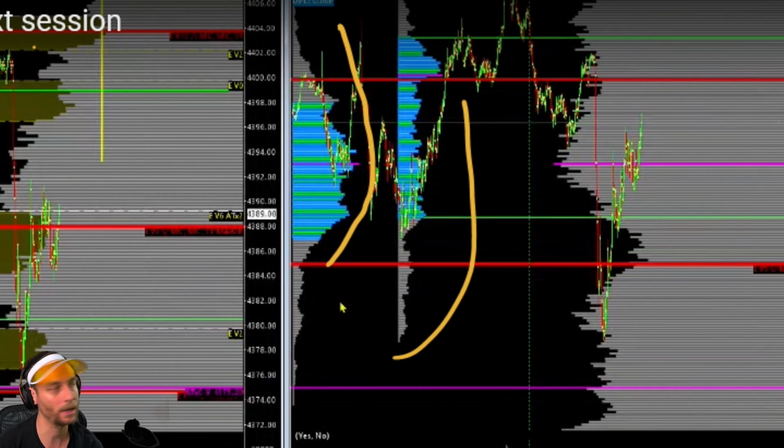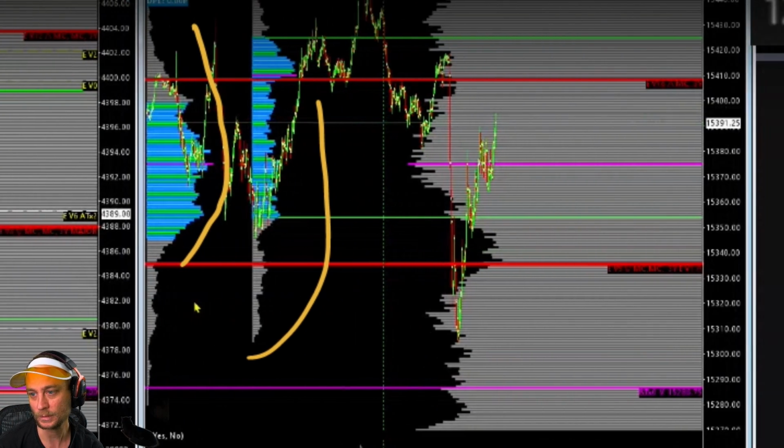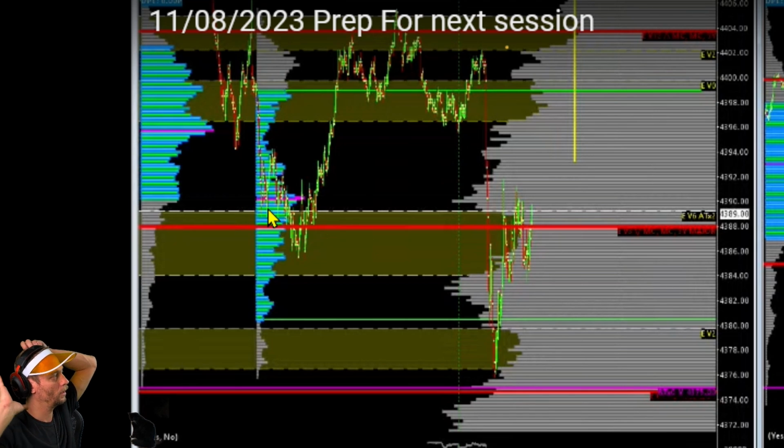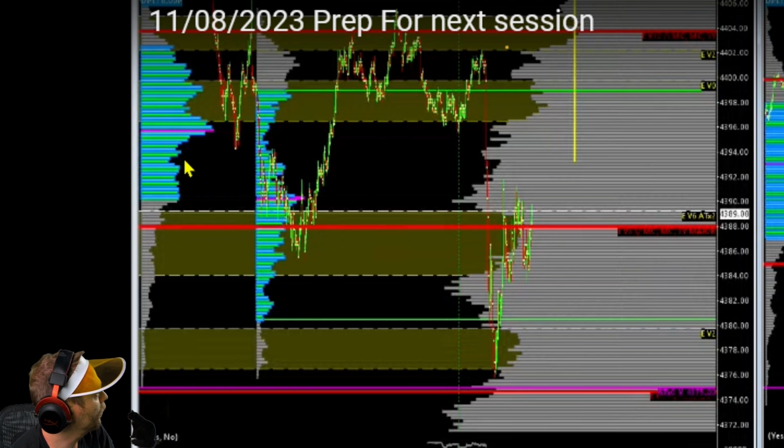So let's go back over. But the thing is, is ES going to come back up? Well, there's a range here, and this profile is the RTH session. Since that's the RTH session profile, there's a low node up here. I want to be short either in this pocket or ideally up here.